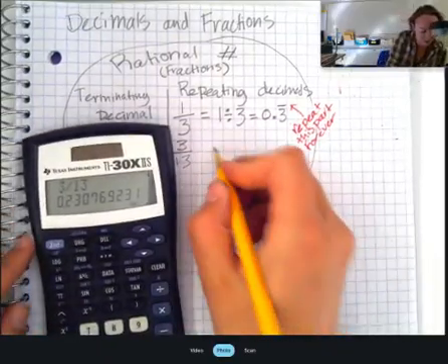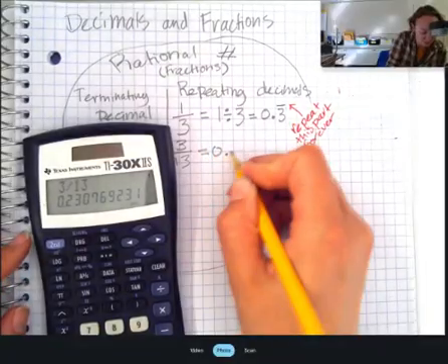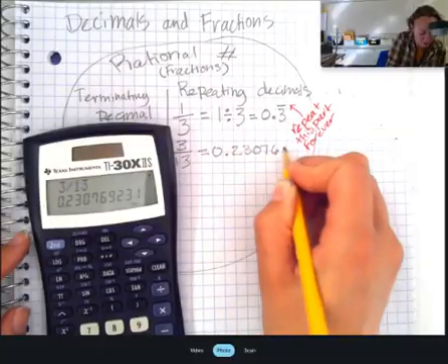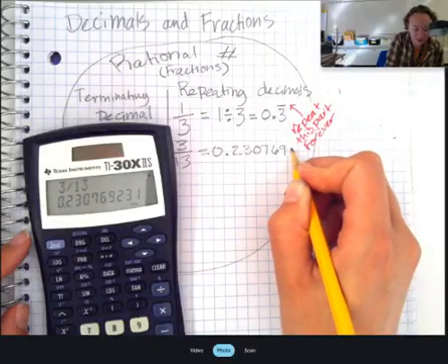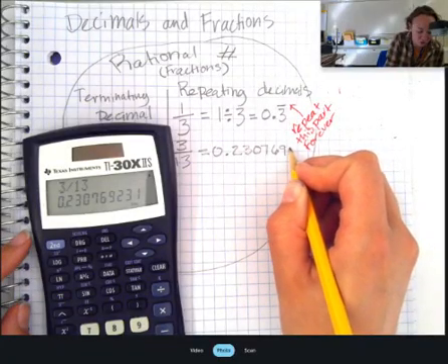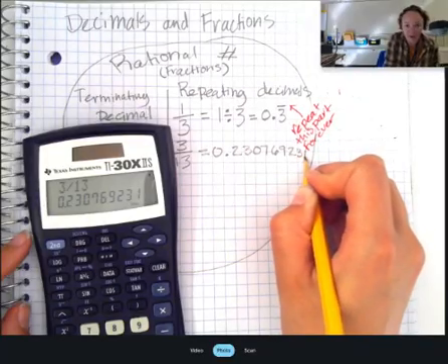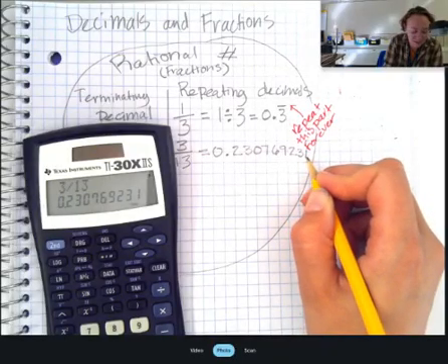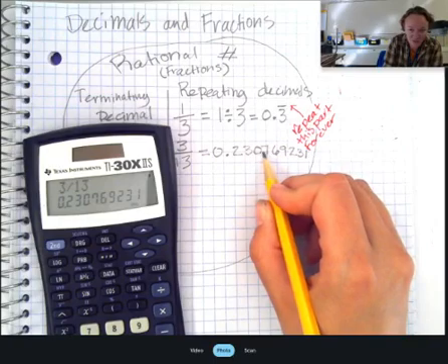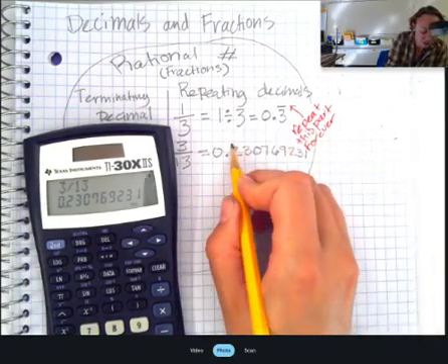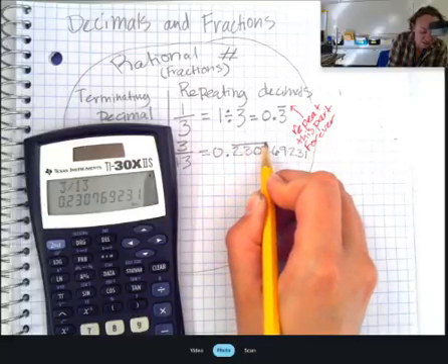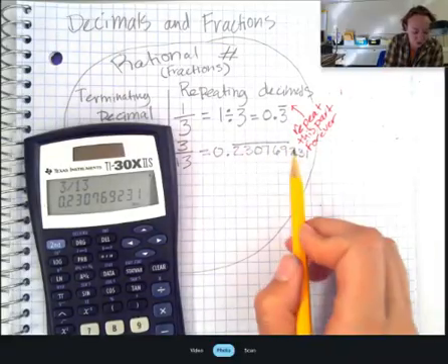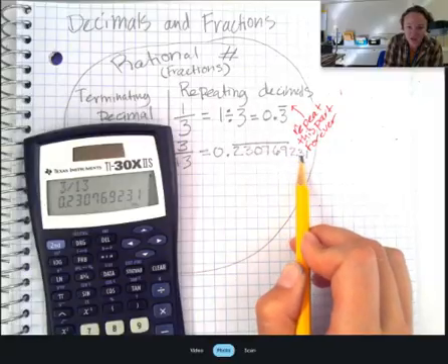So 3/13 equals 0.230769, and now there's a 2, 3, 1. Now that's tricky. There's that 1 at the end, but that 1 is actually just the 7 rounding up, because this is actually 230769 repeating. And so you have to look for where it starts to repeat again.